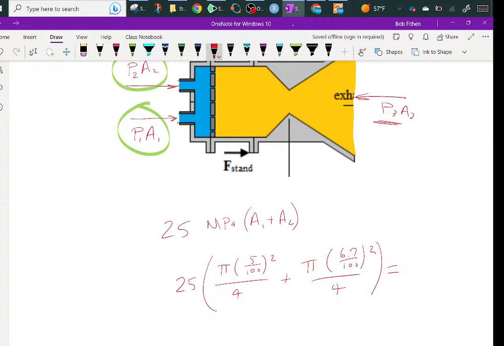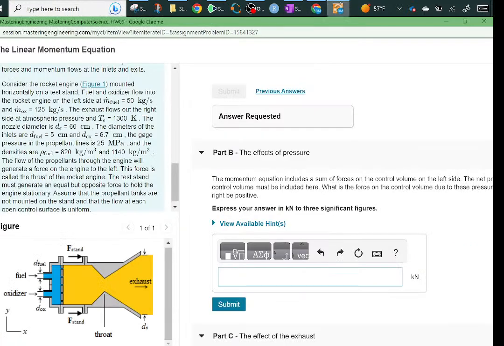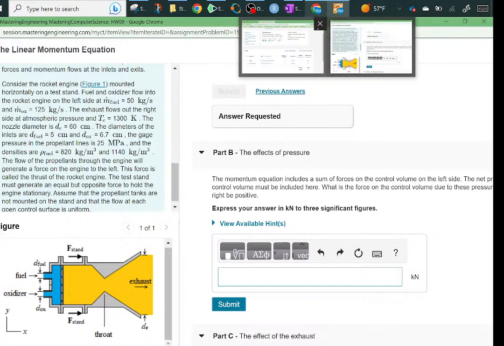Let's see if it's going to read it. 6.7. Yeah, okay. It's got a weird setup here, and it's got 0.137229. But the question is, it's mega, so I got to take 1,000 off of that. So here's what I'm going to do.